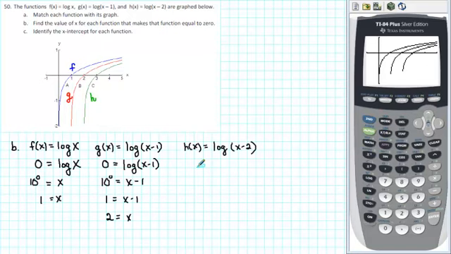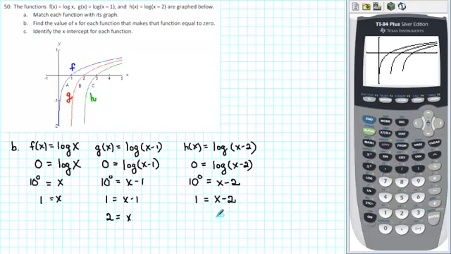To find the value of x that makes h of x equal to 0, we use the same strategy. Substitute 0 for h of x, and then solve for x. We first exponentiate both sides base 10. 10 to the 0 is 1, so we get 1 equals x minus 2.